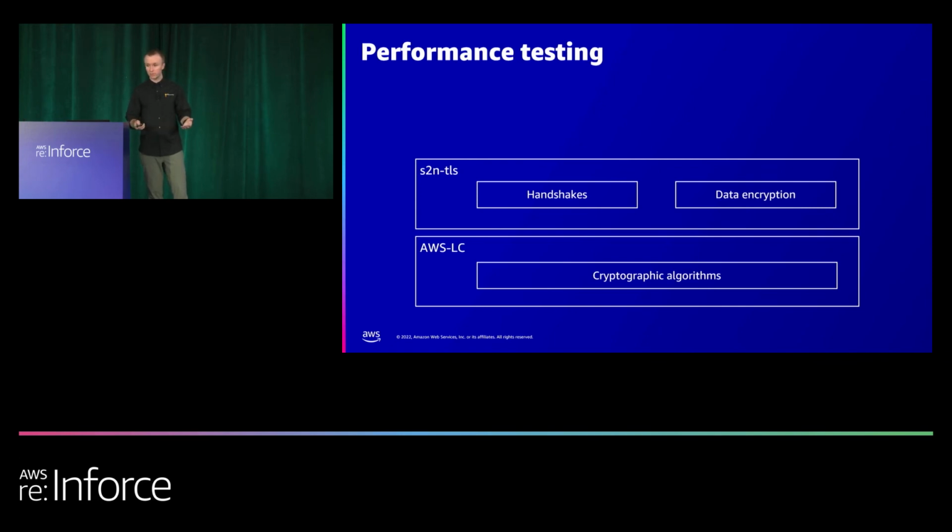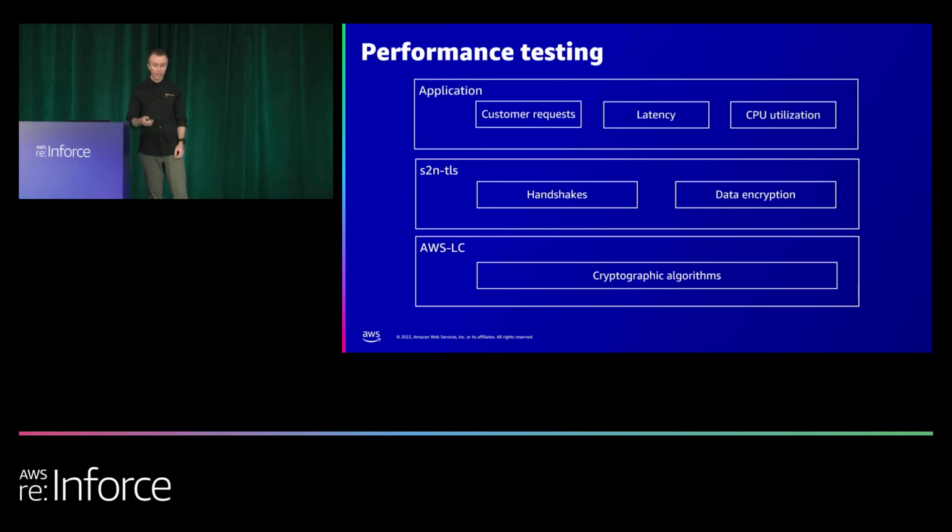For the complete picture, we had to look even one level higher, at applications. At the application layer, we're actually looking at what is the customer impact of this migration on their overall request flow. Very few customers are probably thinking about TLS, but they're thinking about their DynamoDB GetItem requests and the performance of that first time you're connecting to a new service. And this is where customer request measuring is important.